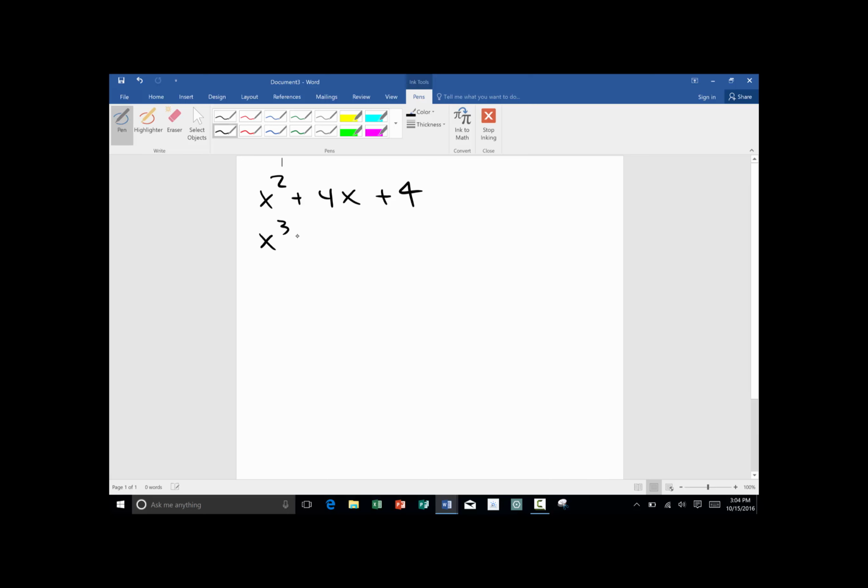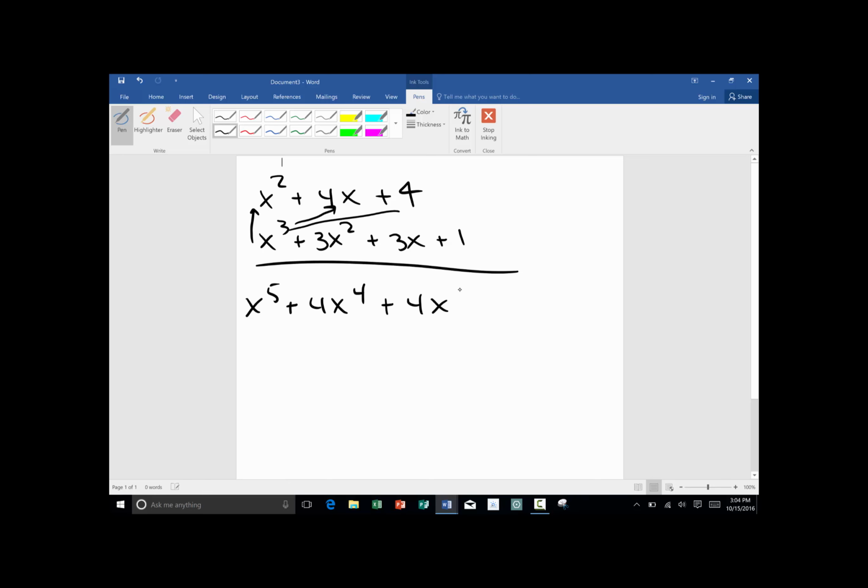And you have to just multiply one thing at a time. So I'm going to do x cubed times x squared. That would be x to the 5th. X cubed times 4x would be 4x to the 4th. X cubed times 4 would be 4x cubed.